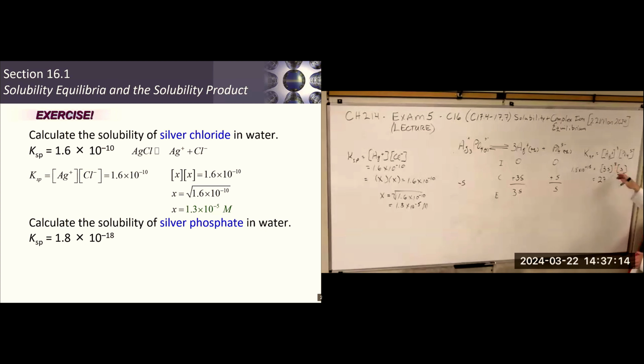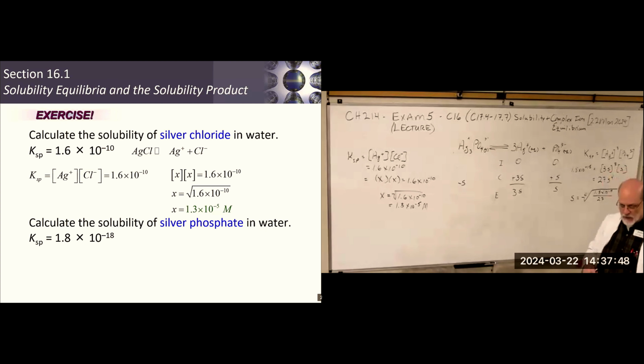S cubed times S is S to the 4th. So S equals the 4th root of this divided by 27. S to the 4th will be this divided by 27, and then S would be the 4th root of that.